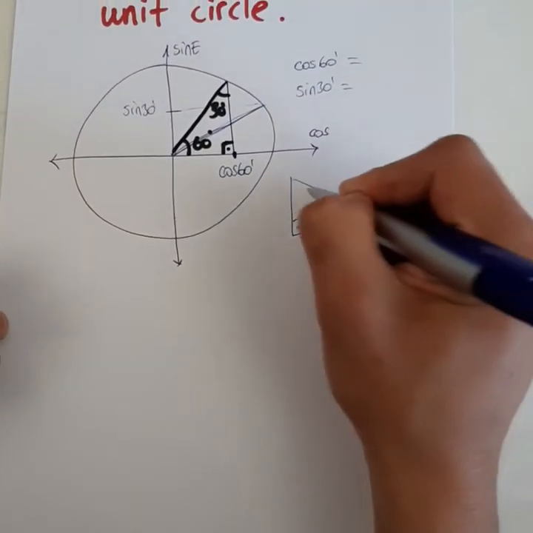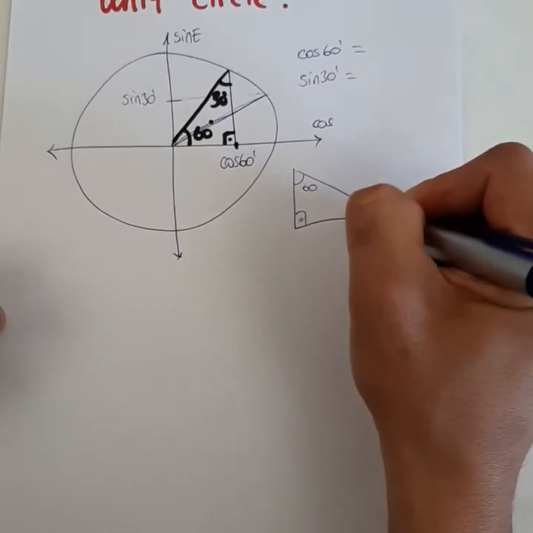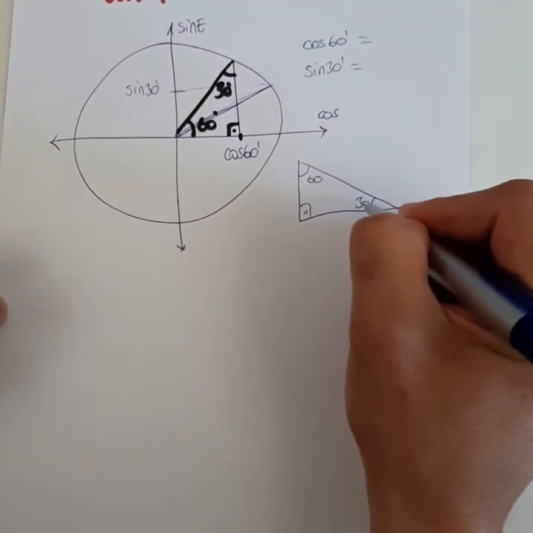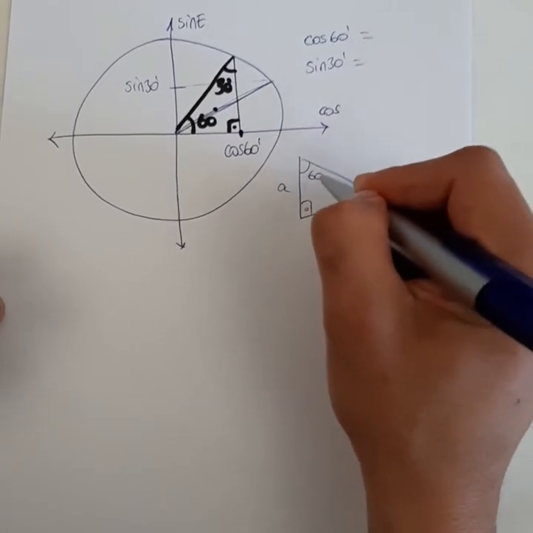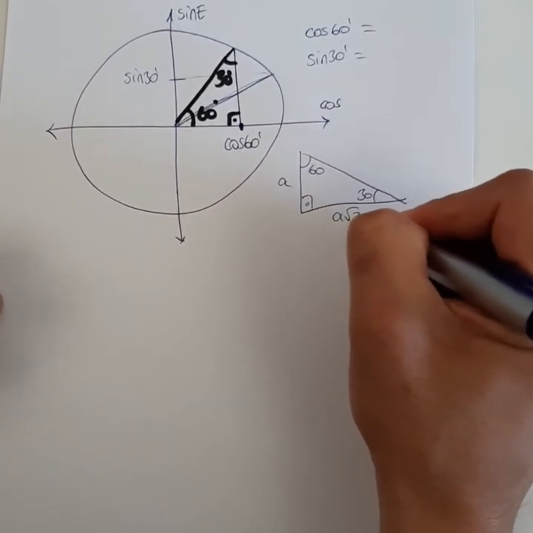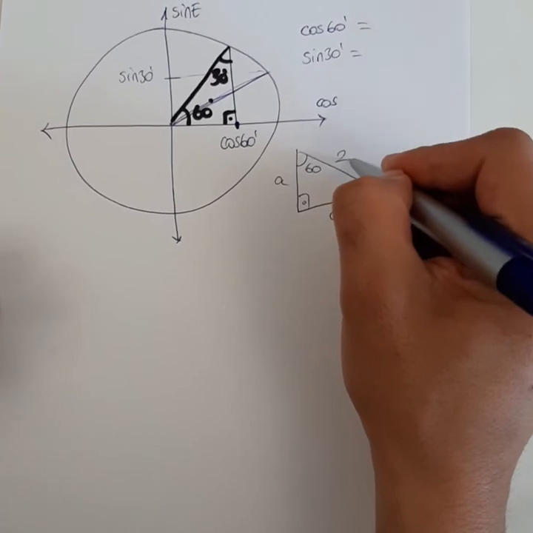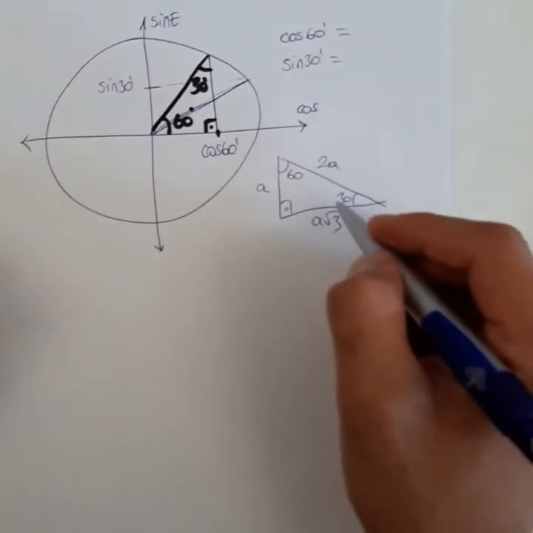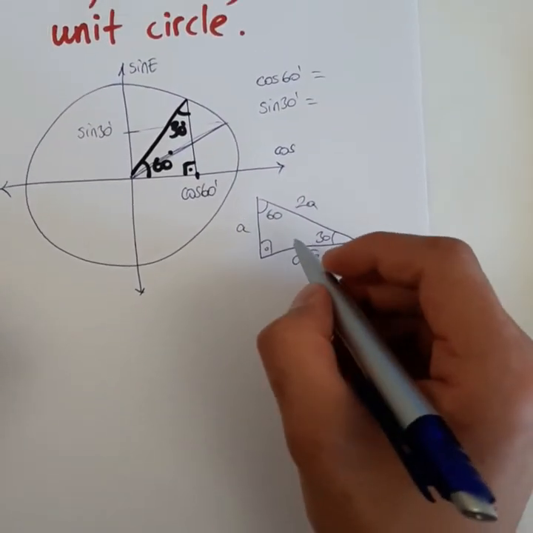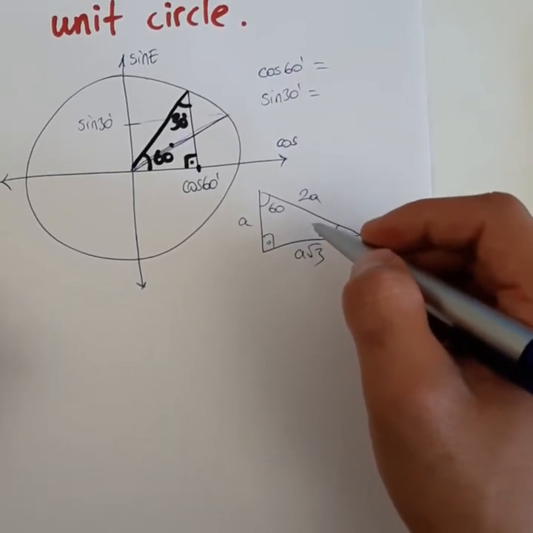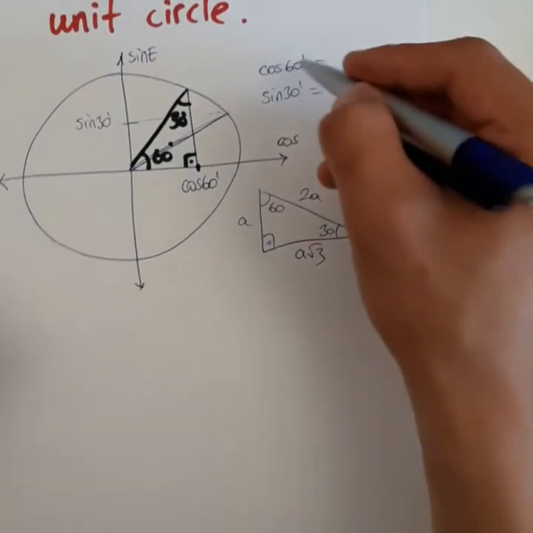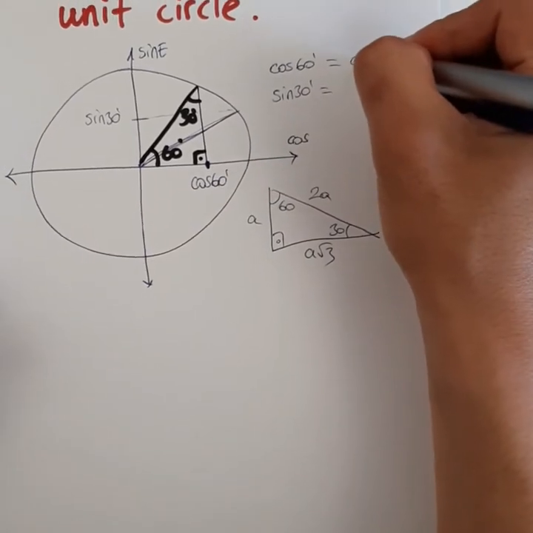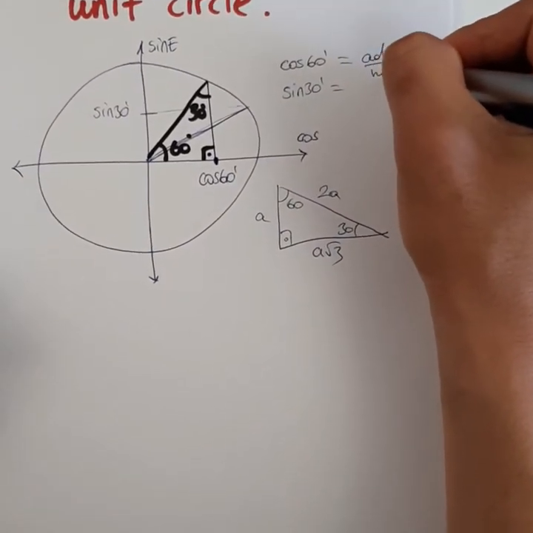As you see, by this triangle we know that if here is 90 degrees, 60 and 30 degrees, the opposite side of 30 is a, the opposite side of 60 is root 3 a, and the hypotenuse will be 2a. According to the last topic, ratios, cosine 60 is the adjacent over hypotenuse.